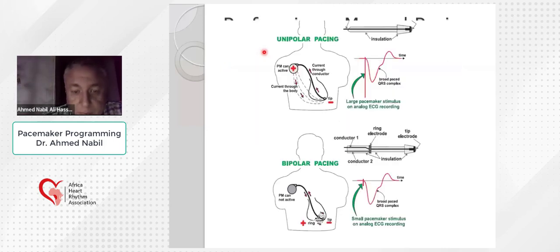Of course, when we do pacing, we should bear in mind that we have different types of polarity of pacing. We have the bipolar pacing, which is nearly the default or the standard of pacing. Of course, it is better than the unipolar pacing.